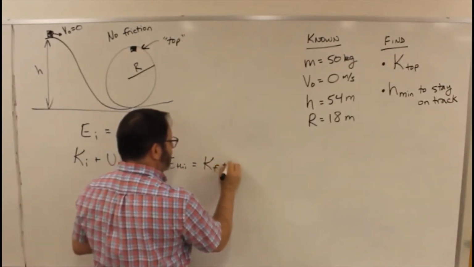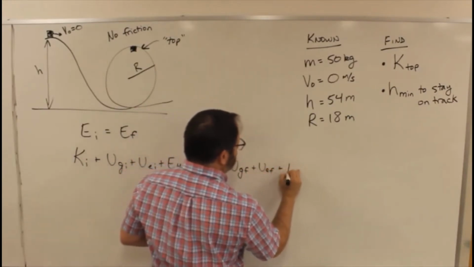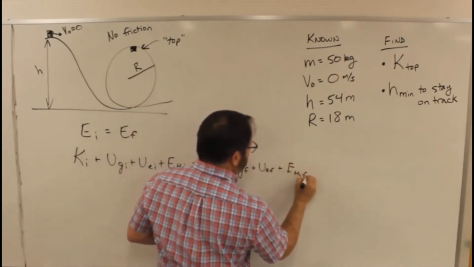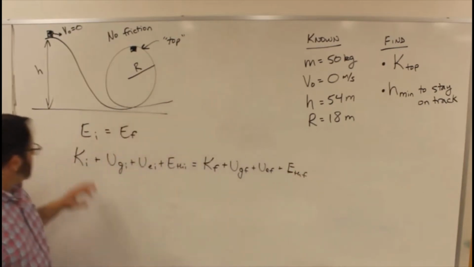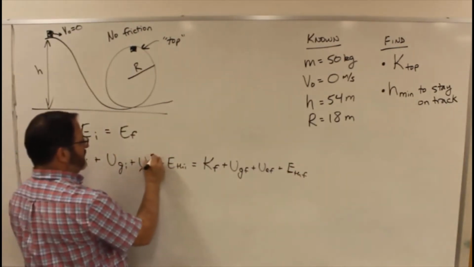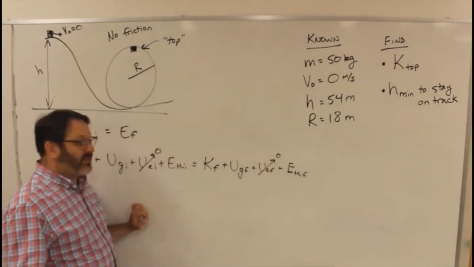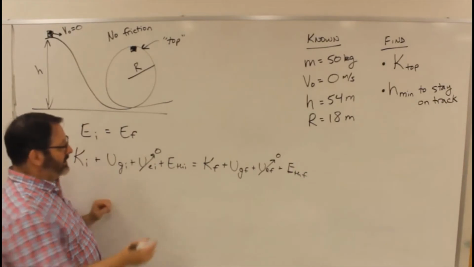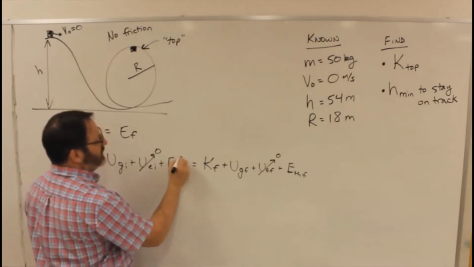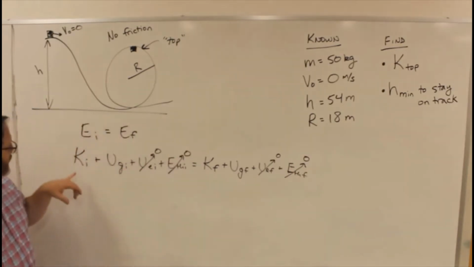K final plus UG final plus UE final plus E thermal final. No springs. 0, 0. No friction. So the initial and final will cancel out for thermal energy, so we can make those both 0 as well.